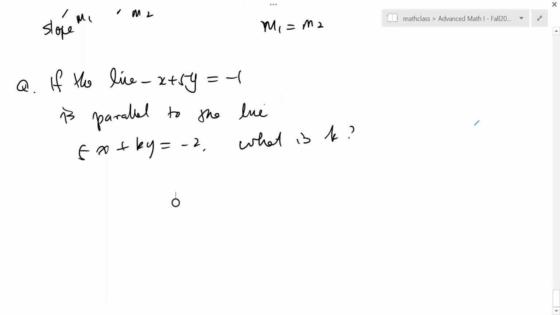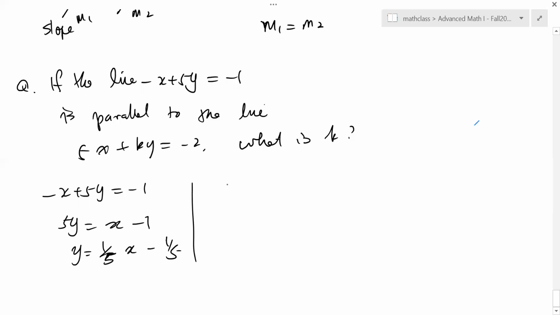So the first line, let's look at the first line. Right, we figure the slope, right? 5y equals x minus 1, and y equals 1/5 of x minus 1/5. And the second line, 5x plus ky equals -2. So ky equals -5x minus 2. So y equals -5 over k x minus 2 over k.